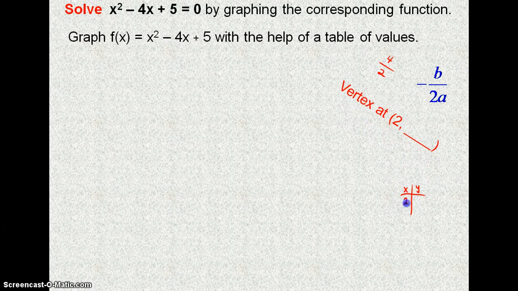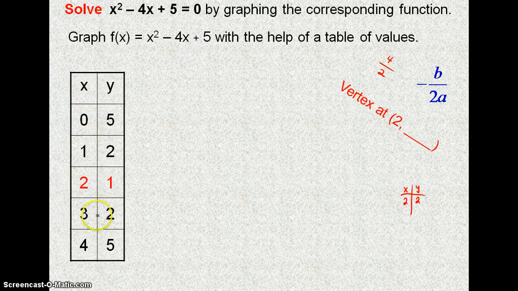If you put 2 in, what comes out? 4 minus 8 is negative 3, plus 5 is 2. So if you get your calculator and you put it in, oops, I got 2 and it says 1. So did I do math wrong? 2 squared is 4 minus 8 plus 5. That's negative 4 plus 5, which is 1.